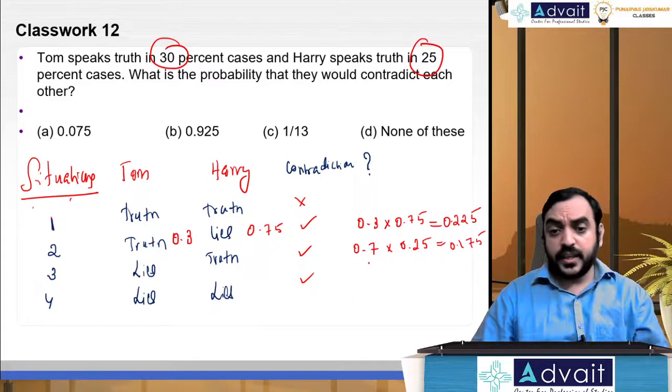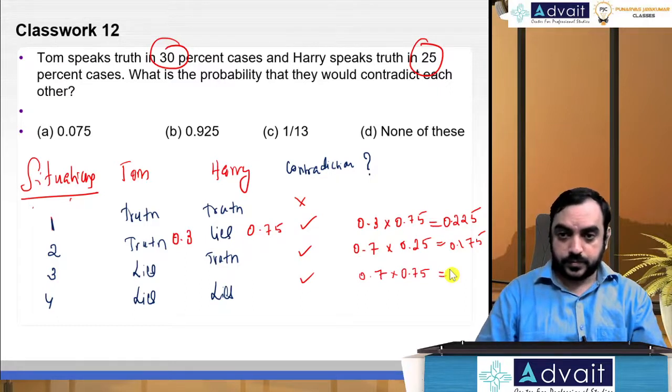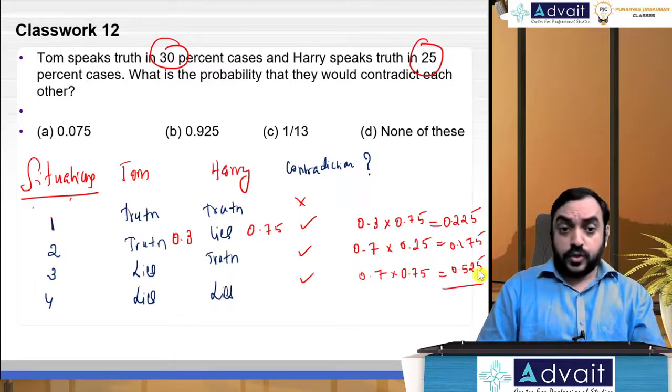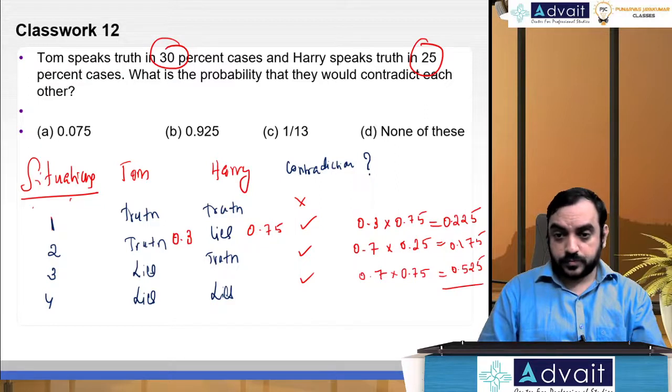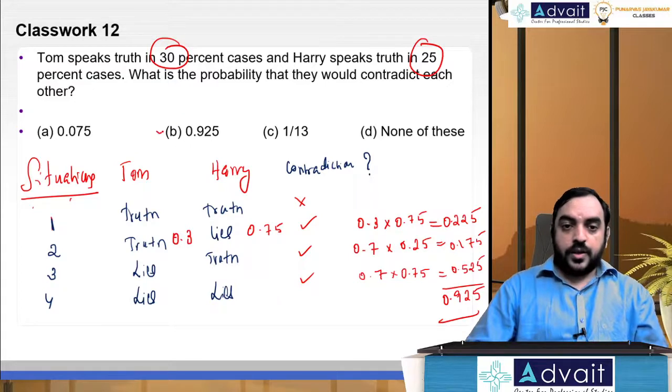Then both of them lying, that is 0.7 into 0.75, 0.525. What is the total? 0.925. Option B.